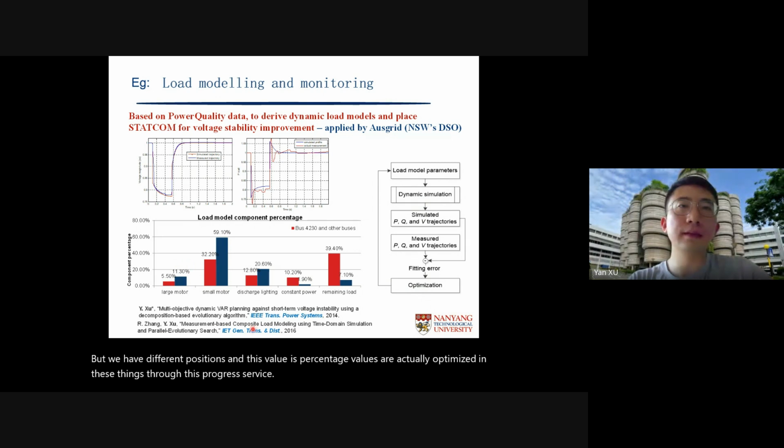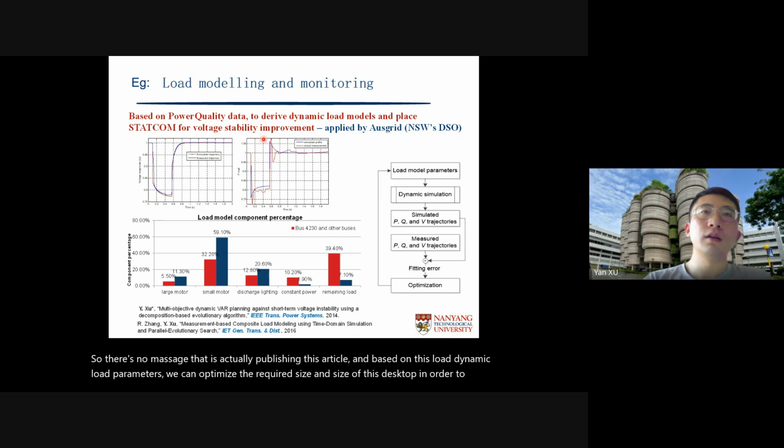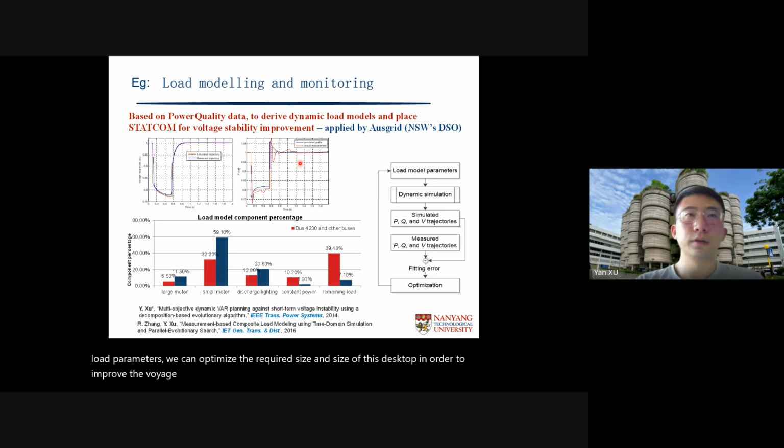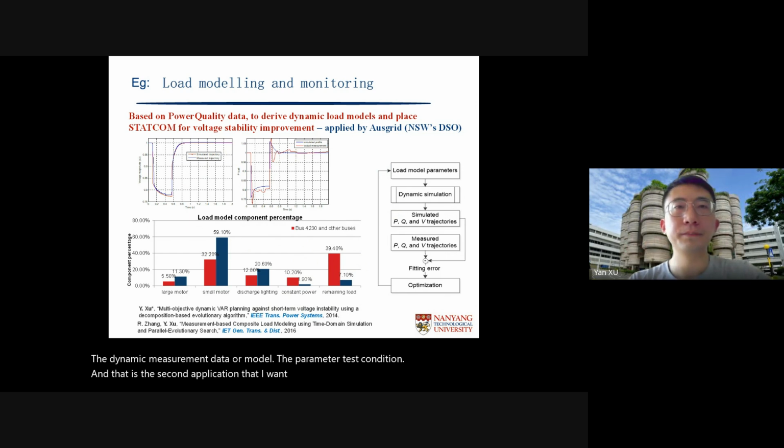This whole method is published in this article, and based on these dynamic load parameters, we can optimize the required size and site of the StatCom in order to improve voltage stability. So that is how we can apply dynamic measurement data for model parameter estimation. That is the second application that I want to introduce today.